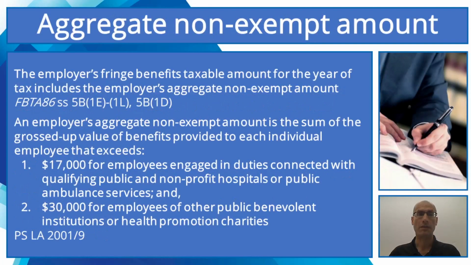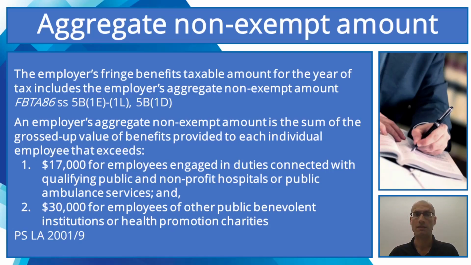Now this third element, this aggregate non-exempt amount, only applies for certain types of either public benevolent institutions or health-related charities, non-profit hospitals and such like. The idea being they still do the same calculations, but they actually get to ignore the first $17,000 in regards to hospital and ambulance services and $30,000 in regards to public benevolent institutions and health promotion charities.